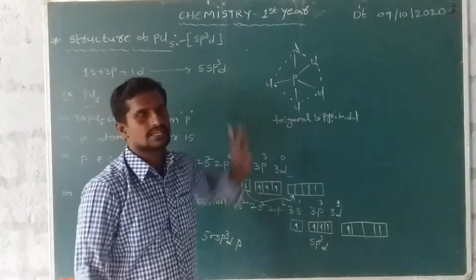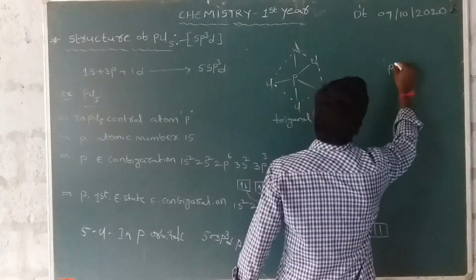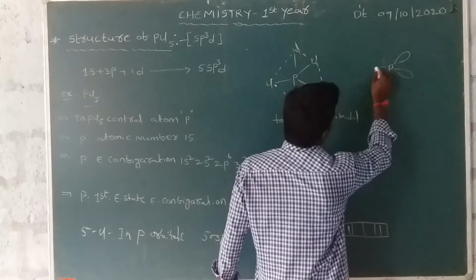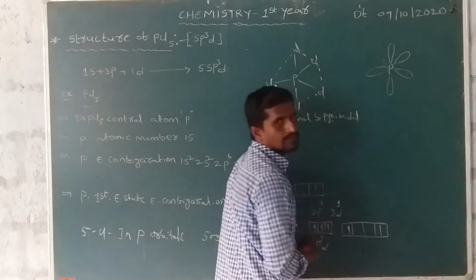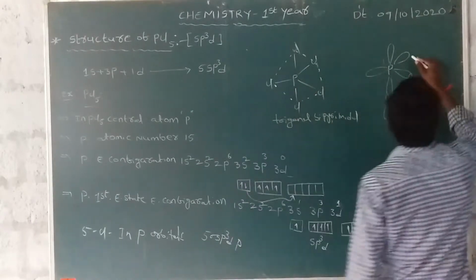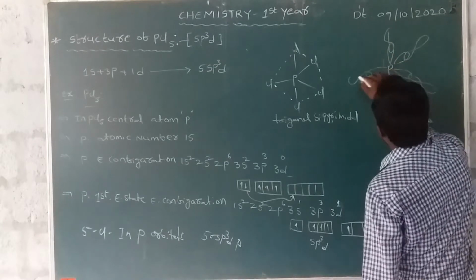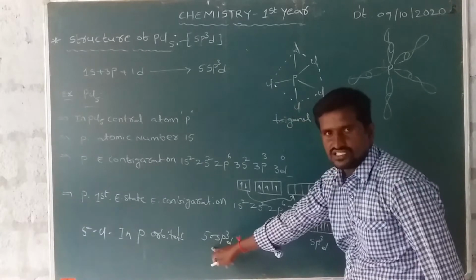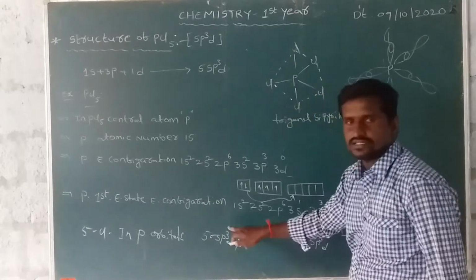This is the normal structure and also the orbital structure. Phosphorus has a first orbital, second, third, fourth and fifth, each a p orbital. Totally, how many sigma sp3d-p bonds are present? 5 sigma sp3d-p bonds are present.